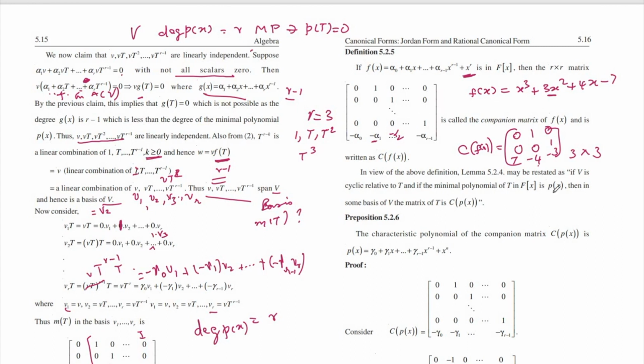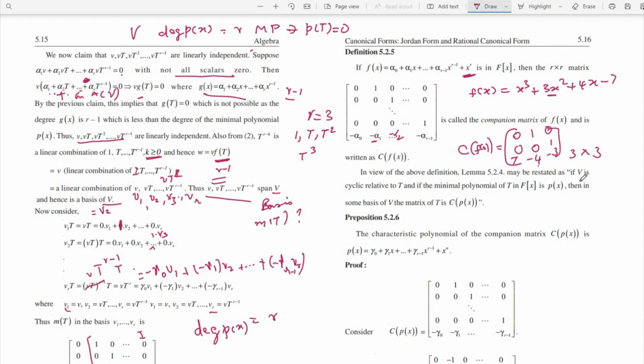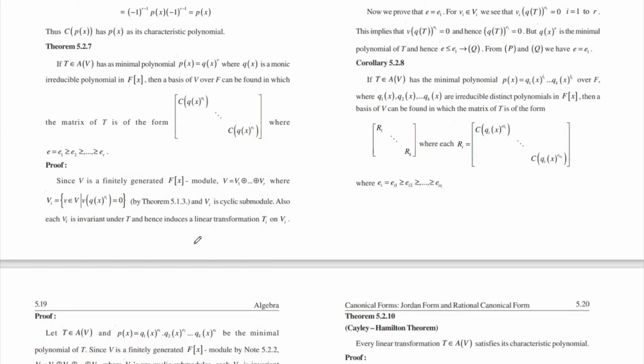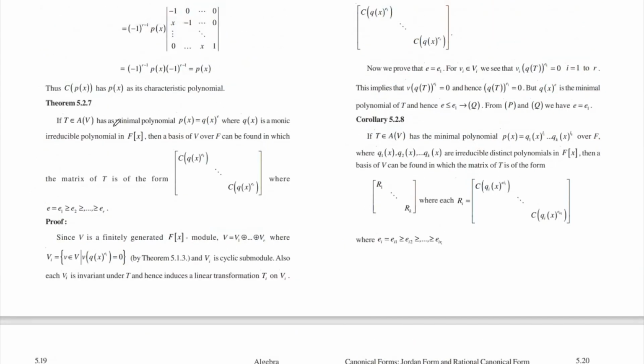So in view of the above definition, the above lemma can be restated as: if V is cyclic relative to T, and if the minimal polynomial of T in F[x] is P of x, then in some basis of V the matrix of T is the companion matrix of P of x. That lemma will be used to prove the next proposition, which is used in the case of this theorem.